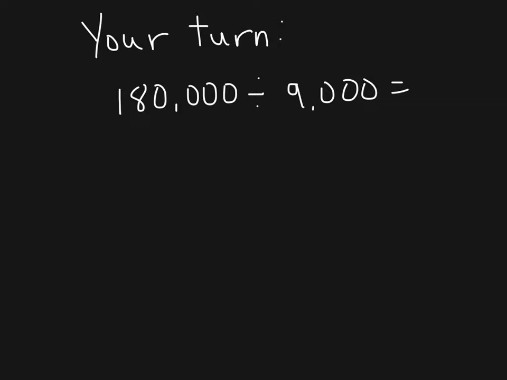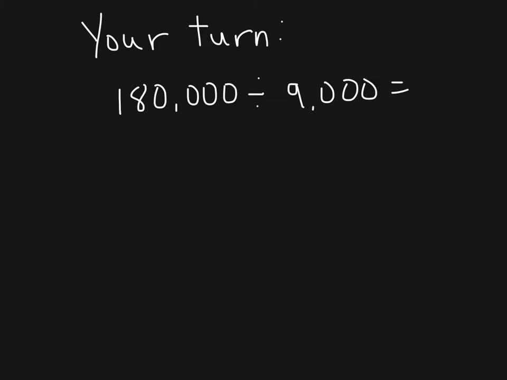Now it's your turn. You are going to divide 180,000 by 9,000. And you can choose the method that works best for you. If you want to use place value discs, that's okay. They're kind of cumbersome. I expect most of you will not want to do it that way.